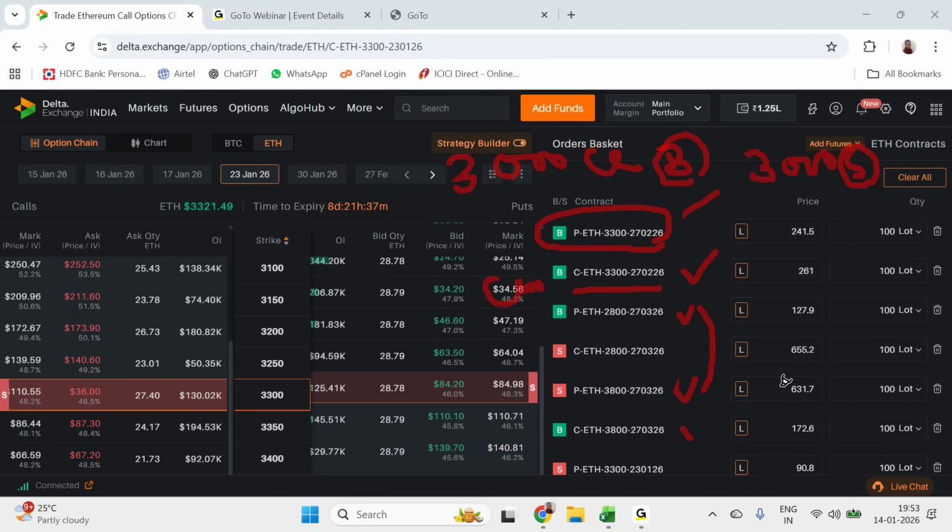So this will be at a profit. What you have to do is close this profit strike, the 2800 put, and go with one 3600 put buy. So you cap that profit. So profit capping you have to do. So three adjustments will play together.